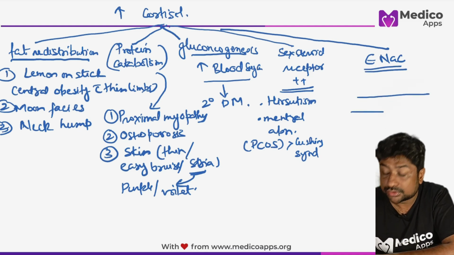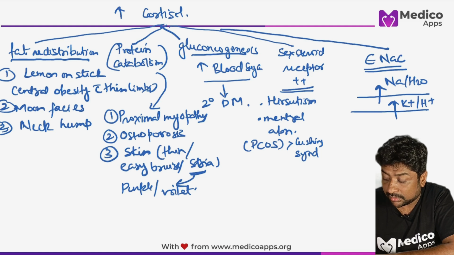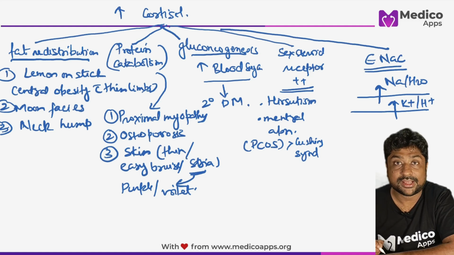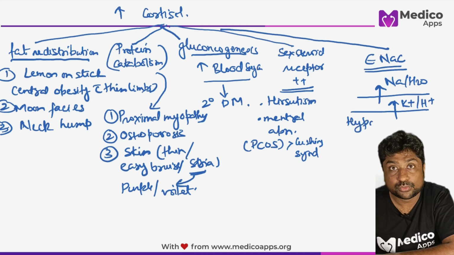What happens because of ENaC receptor? So, what does the ENaC receptors do? So, it will pull out sodium and water, and it will push in potassium and hydrogen ions. So, what is going to happen basically is the potassium level is going to decrease.